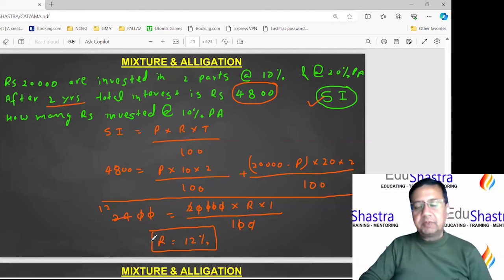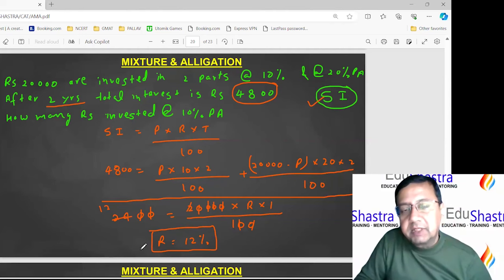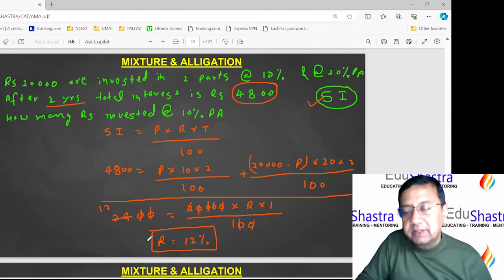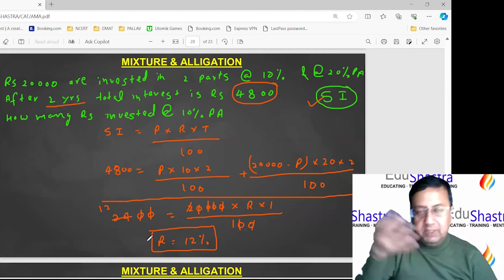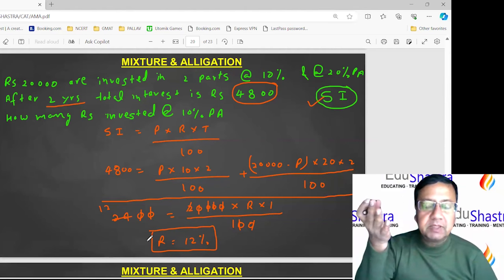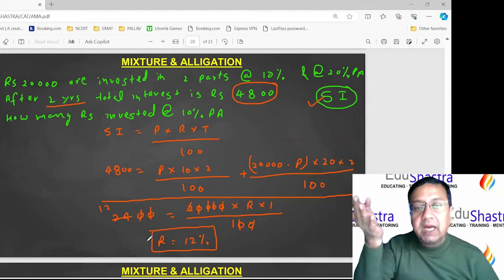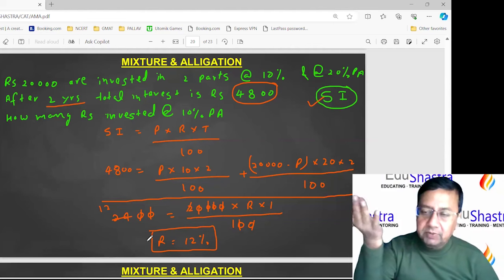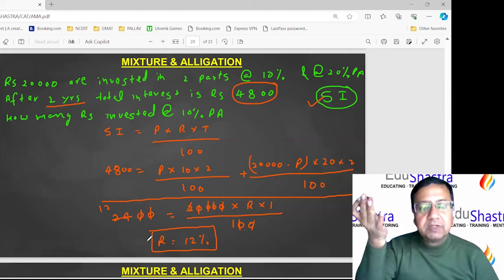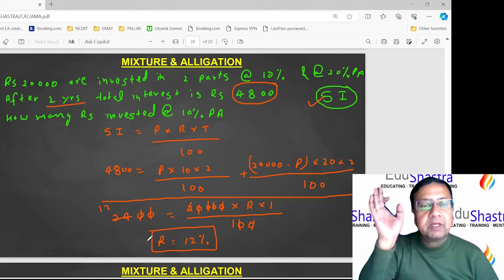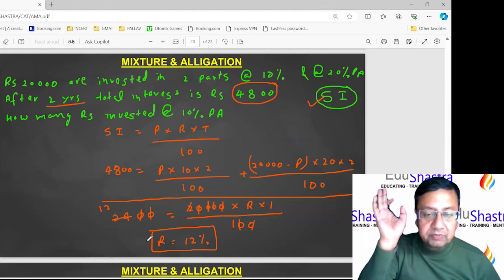This 12% is nothing but the weighted interest. Some money is invested at 10%, some at 20%, and 12% is my weighted interest, right? Got this weighted interest?